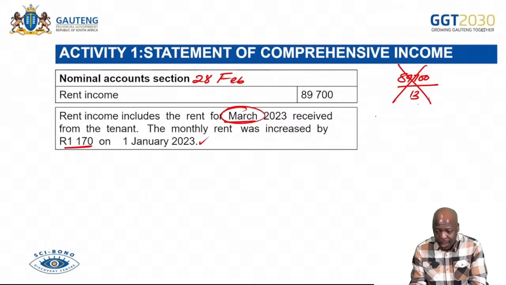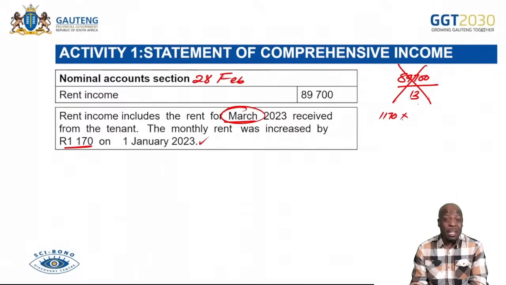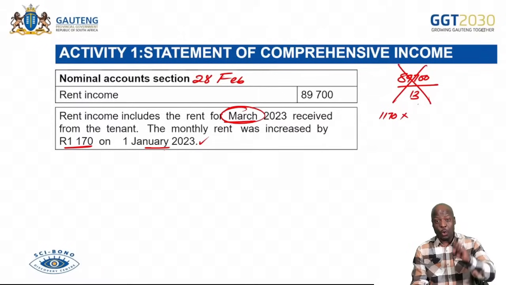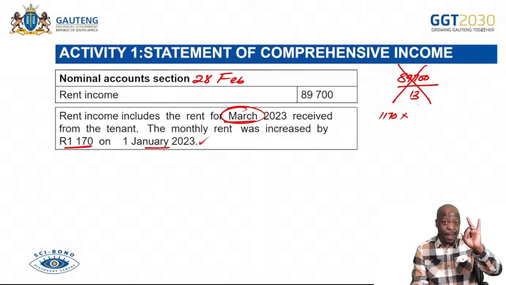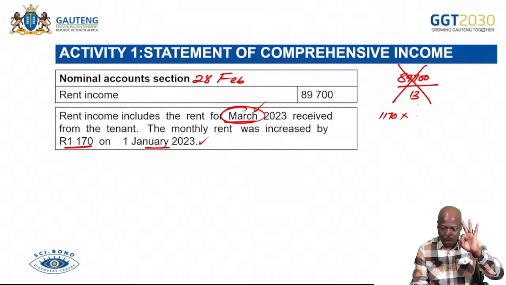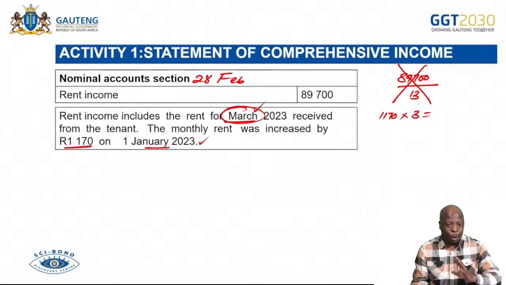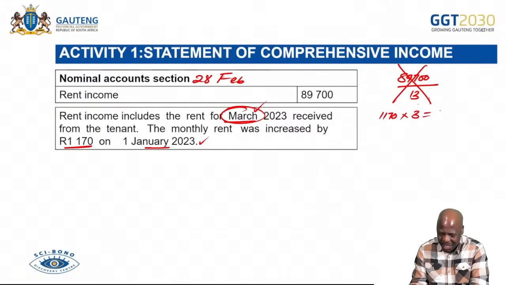So I need to say the increase of 1,170, for how many months was that for? That was for 3 months. Is that 3 months? Okay, let's count. Increase from the 1st of January, February. Then the year ended. But we also received for March. So we have 3 months here. Okay, tomorrow, please use your fingers. Okay, and then how much is that going to give you?